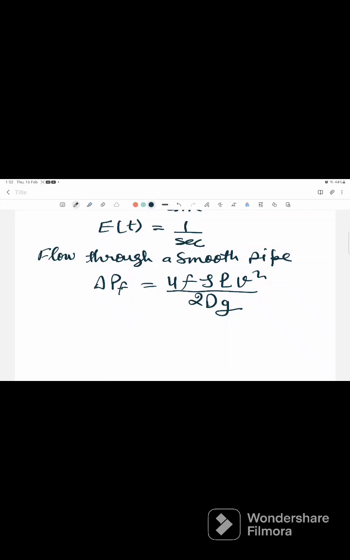Okay, this is the pressure drop. Okay, this is for the turbulent flow regime.